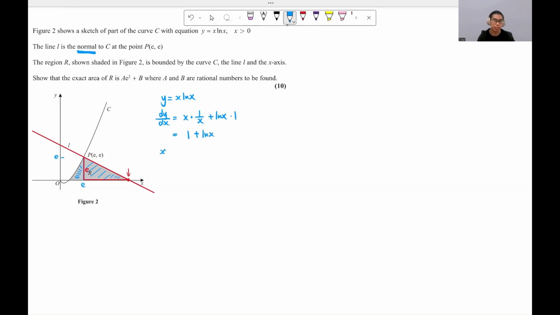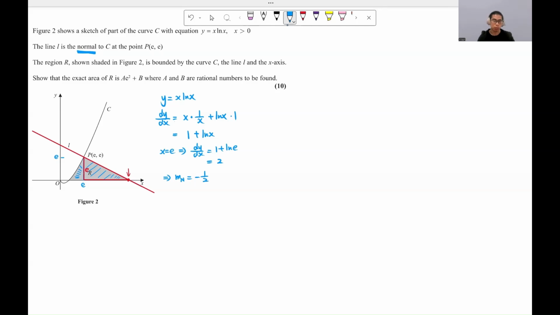And then if x is equal to e, substitute in: dy/dx is equal to 1 plus ln e. We know ln e is equal to 1, so 1 plus 1 is equal to 2. So the gradient of the normal is the negative reciprocal of that, which is negative 1/2.